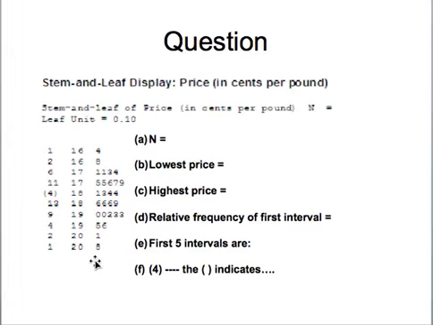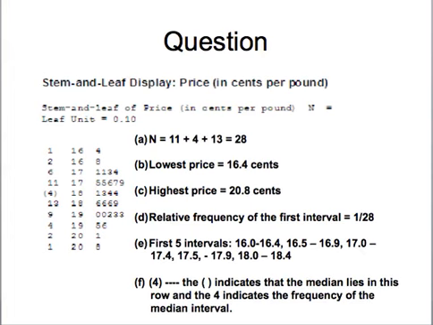Okay, I think we all understand that, and I think I gave away parts B and C. However, take 2 minutes or less and attempt those 6 questions. Okay, you may need to pause the video.